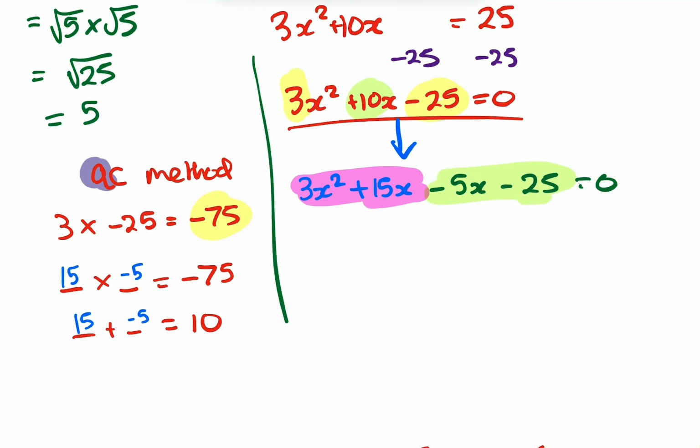So let's do that. So when I factorize this part here, I get 3x brackets x plus 5. And when I factorize the bit in green here, I get negative 5, lots of x, and then plus 5. Because negative 5 times 5 gives me back negative 25.